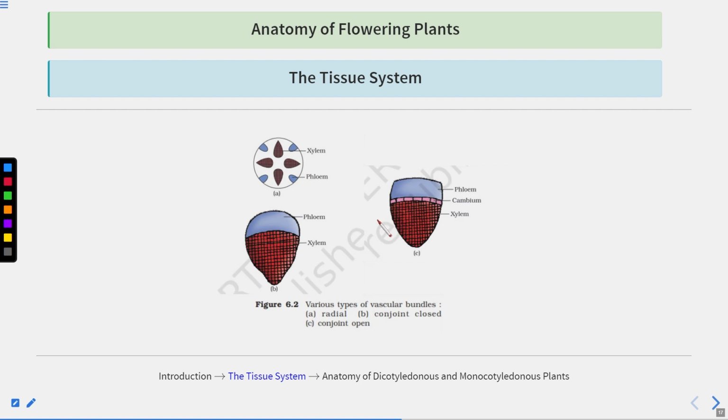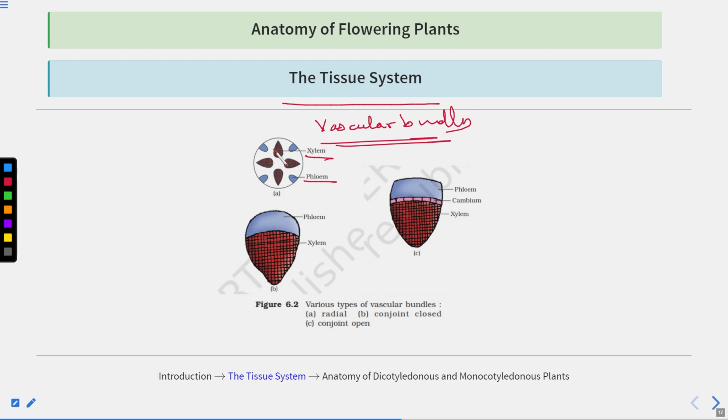So here you can see the vascular tissue. It is formed in the form of vascular bundles. Now in the vascular bundle, you can see the two components, the xylem and phloem.